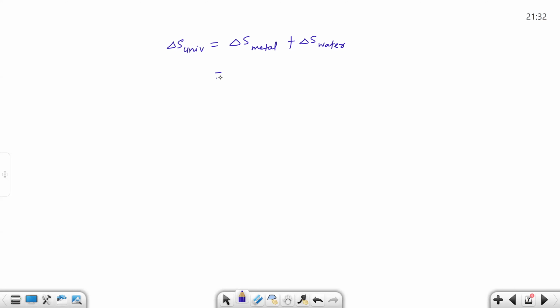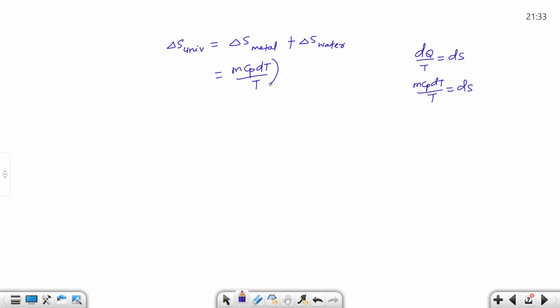So this will be equal to mCp dT by T, dq by T. We use dq by T for the entropy change. dq is the differential amount of heat lost by metal, mCp dT, by T. Same thing for the water also.